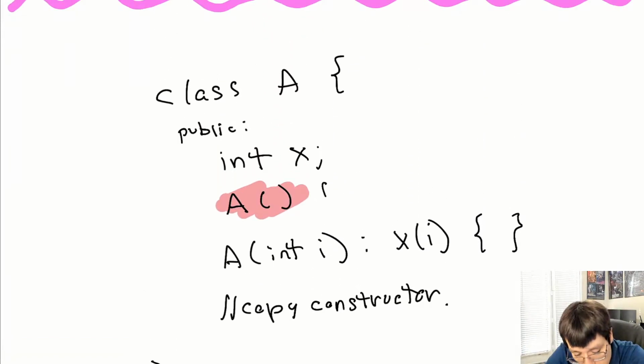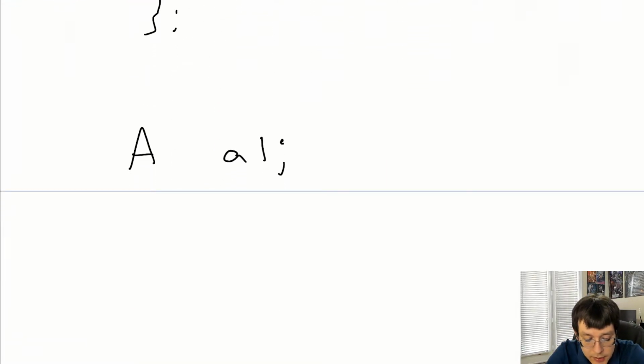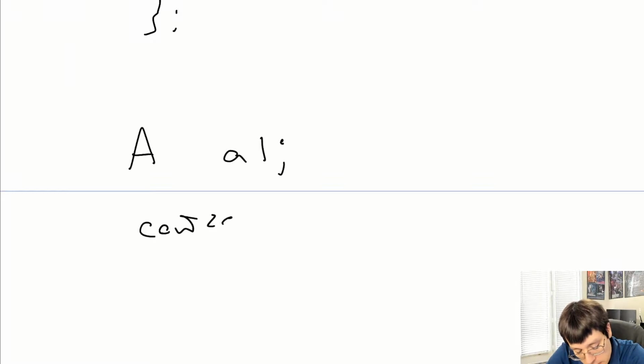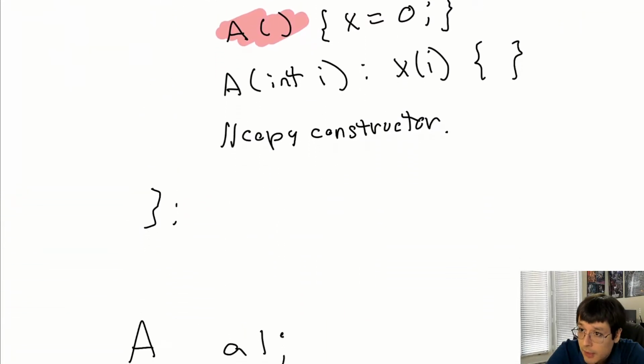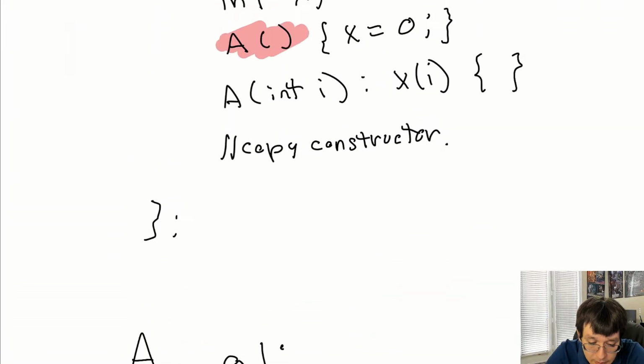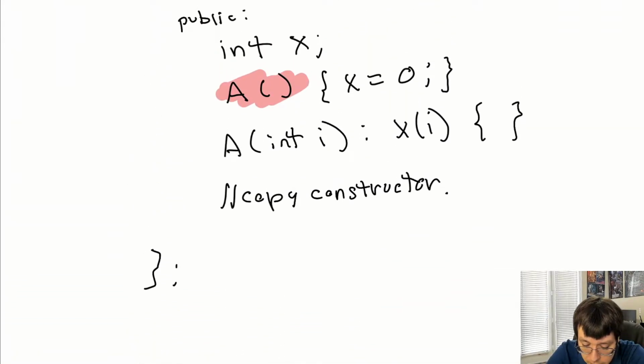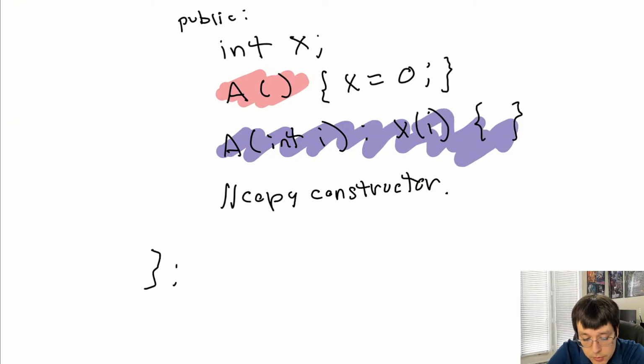Now the default constructor maybe initializes x to be equal to 0. So if I go and say cout a1.x, I know that I'm going to get back a 0 because it's a public variable and it has a 0 in it.